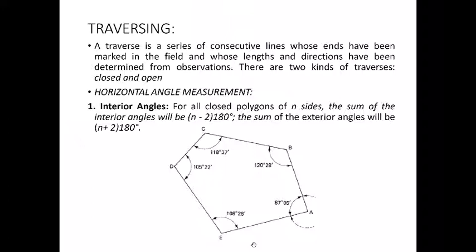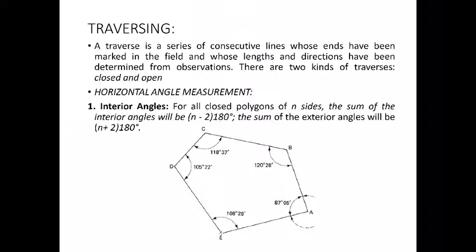We can either measure interior angles of a traverse or exterior angles. Basically, once you have located the points, you place your instrument at any station point. Let's say I place it at station E. I center my instrument above the station point the same way we used to center the prismatic compass.